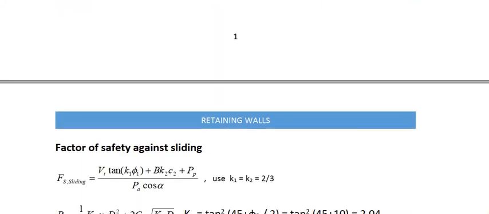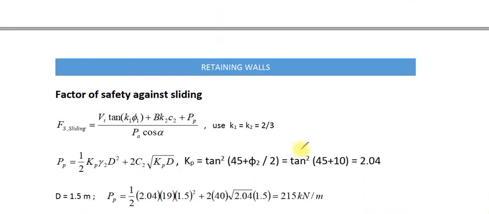Now compute the factor of safety against sliding. Factor of safety against sliding equals the resisted forces over the force that tries to make the structure slide.